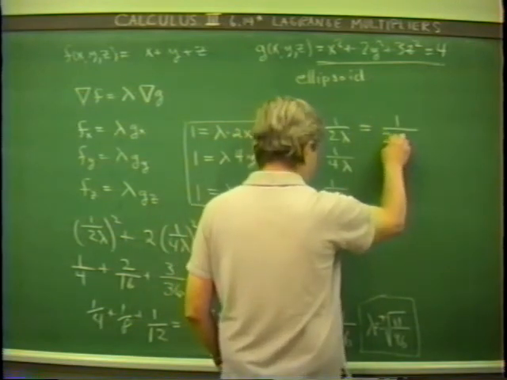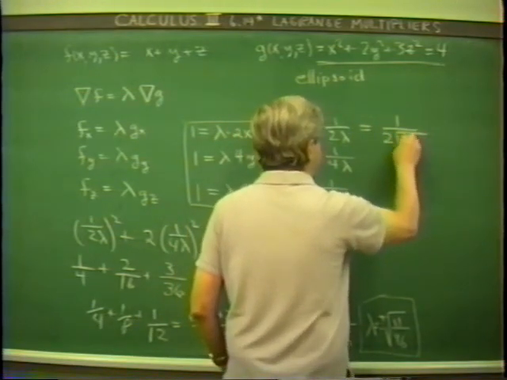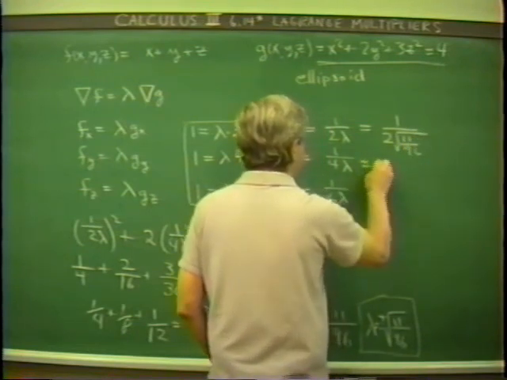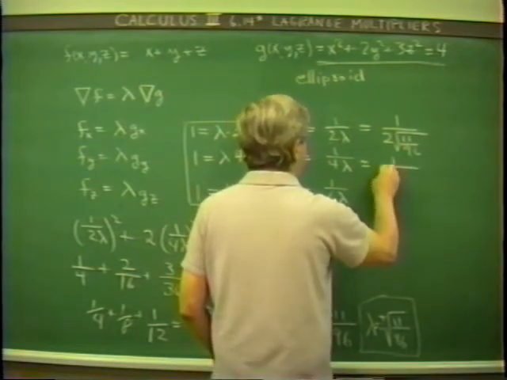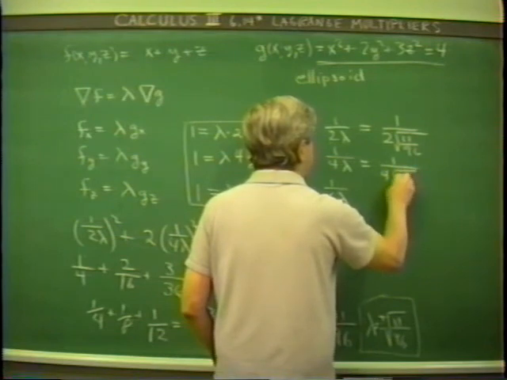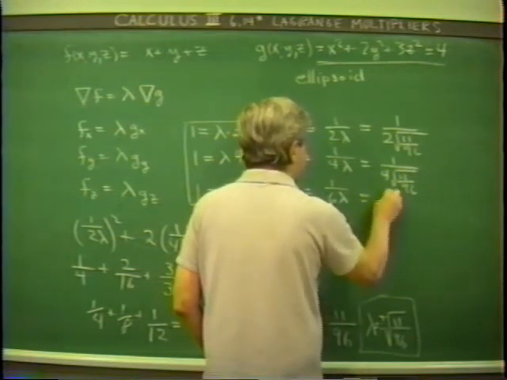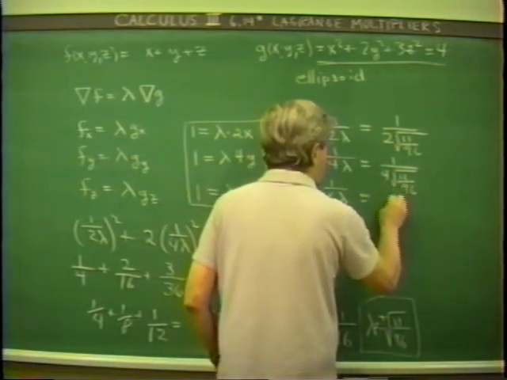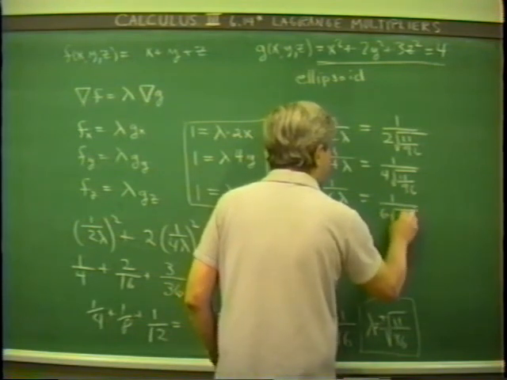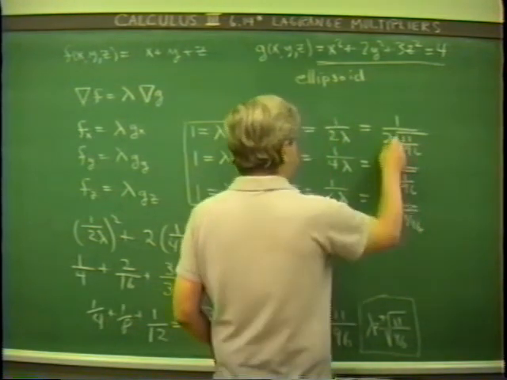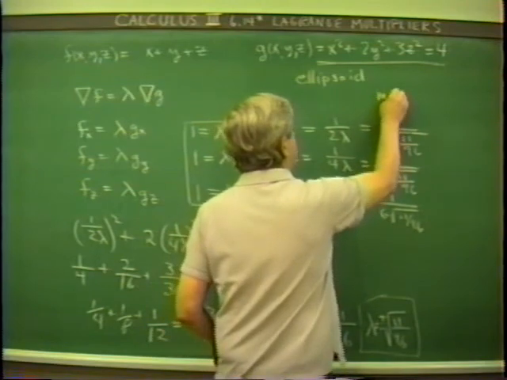Now we don't really want lambda, what we want is x, y, and z. And so when lambda is equal to plus the square root of 11 over 96, we get x is equal to 1 over 2 square root of 11 over 96. Y is equal to 1 over 4 square root of 11 over 96.